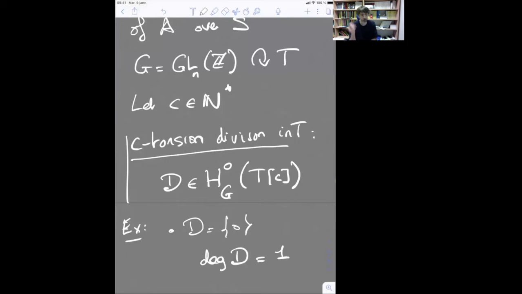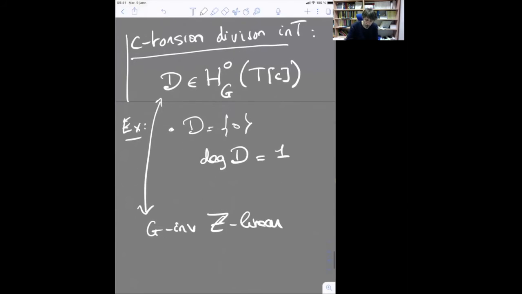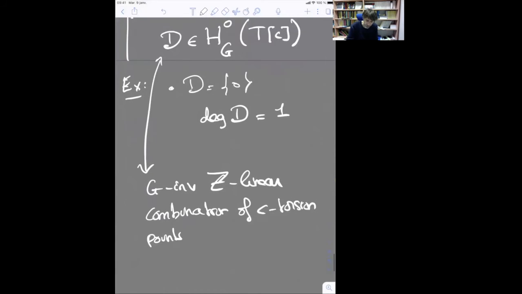In general, I will call the degree of D, so maybe I should have said this before, if I see D as a G-invariant Z-linear combination of c-torsion points, then the degree of D is the sum of their coefficients.